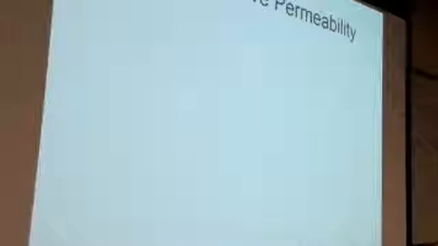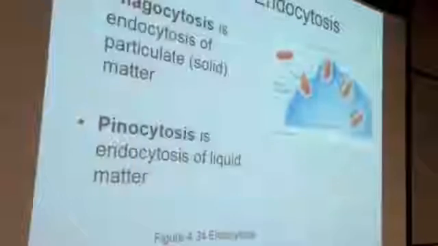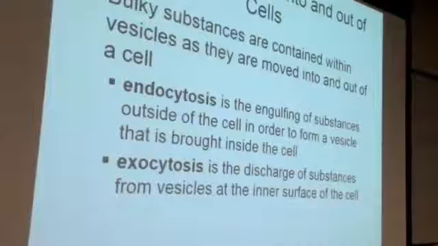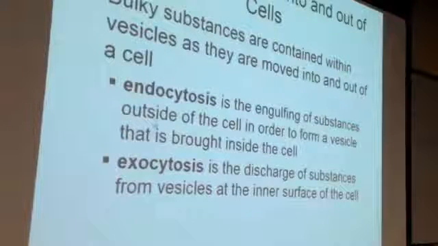All right, so the last thing we have to cover is this big stuff back here that I skipped over. Endo and exocytosis. Okay, so this talks about bulk passage. Bulk means big, either big pieces or big quantities. And they separate it either into the cell or out.